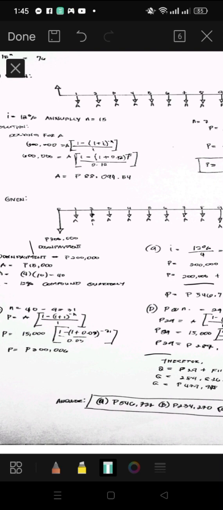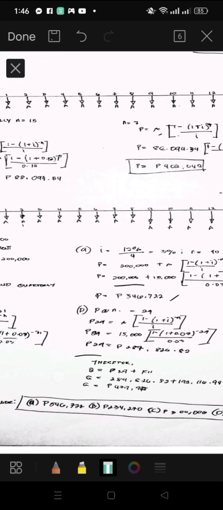So let's substitute the solution. A is 15,000, quantity of 1 minus (1 plus 0.03) raised to the power of negative 31, over 0.03, which gives the final answer of 300,006.